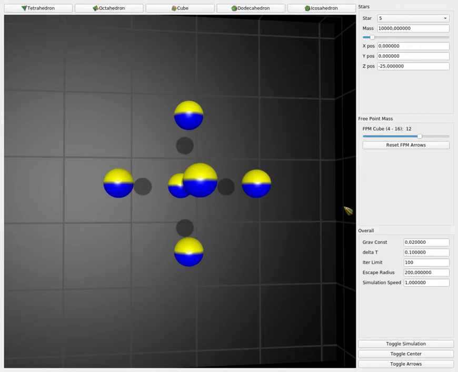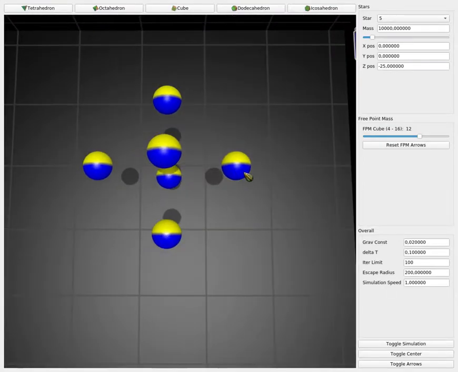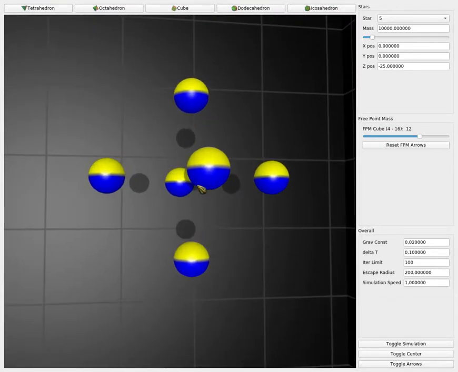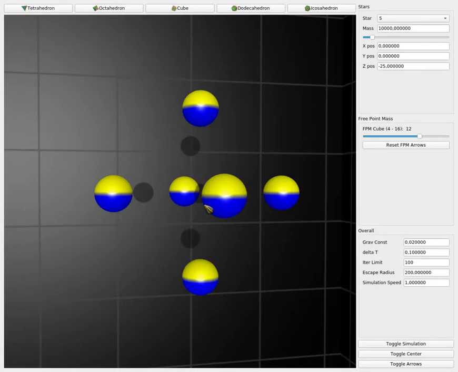So, the initial version was in 2D. It was running on the Amiga, and it was rather slow, but I did create some stunning images. I dubbed them gravity creatures.